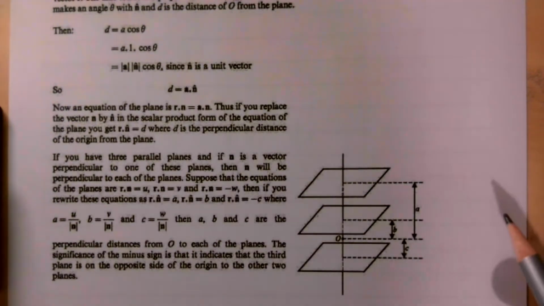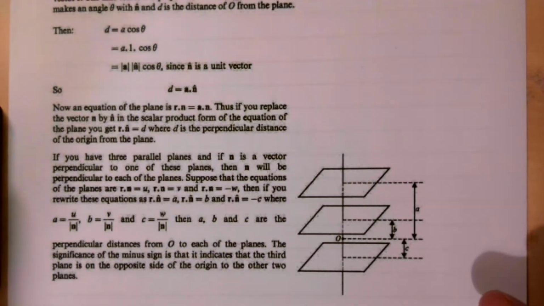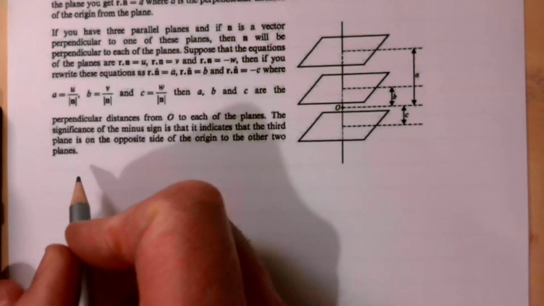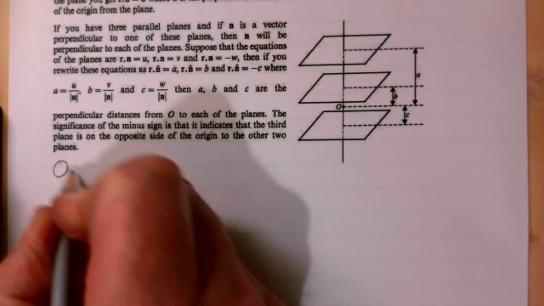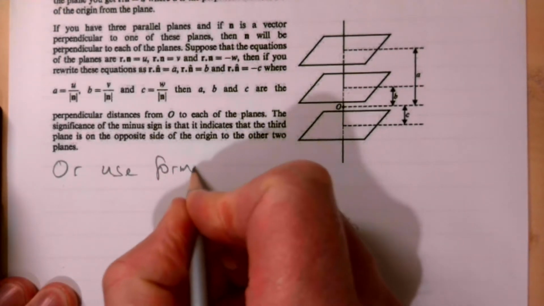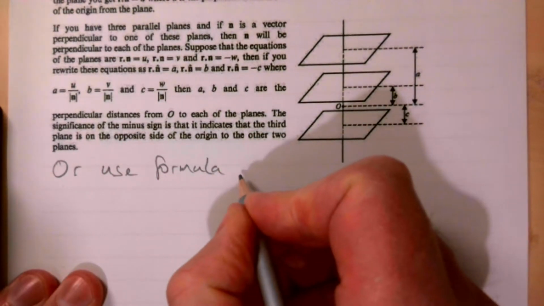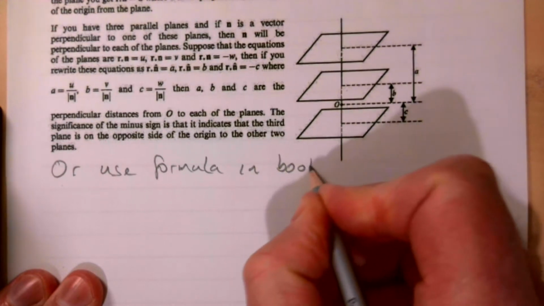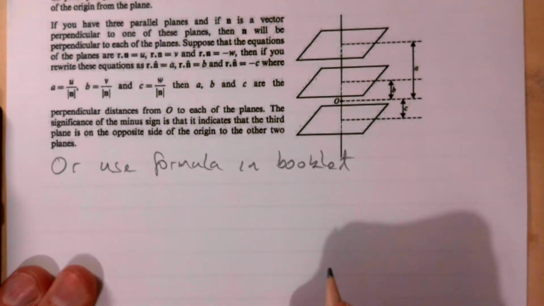You're not going to do that because in the formula booklet you have a wee formula that just works it out. So let's take that down: or use the formula in the booklet.